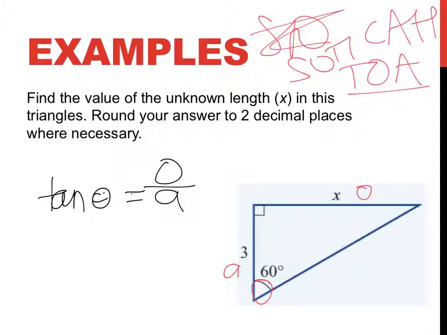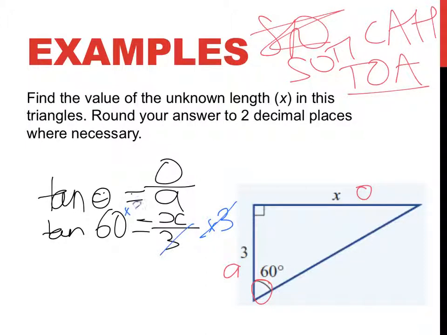The tan of 60 is going to be equal to the opposite over the adjacent, x over 3. To get rid of that 3, I'll times that whole side by 3, so that cancels out. If I times that side by 3, I need to times this side by 3. Tan 60 times by 3 is going to give me 5.1961.